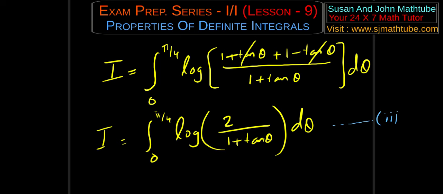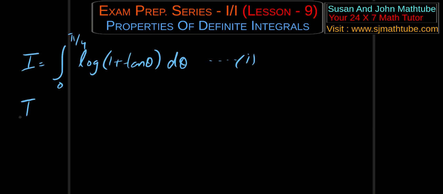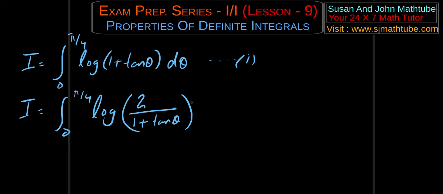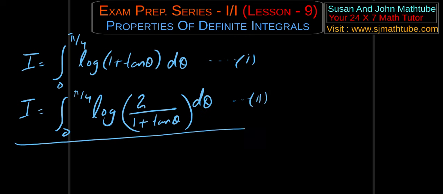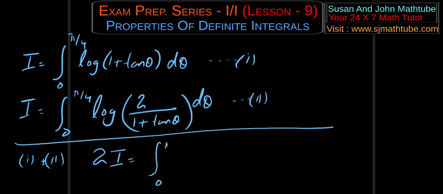And this is equation number 2: integral 0 to pi/4 log 2/(1 + tan theta) d theta. Now what we do is a very simple thing. We are going to add them up. Equation 1 plus 2: I plus I, that is 2I, and the 0 to pi/4 is common.